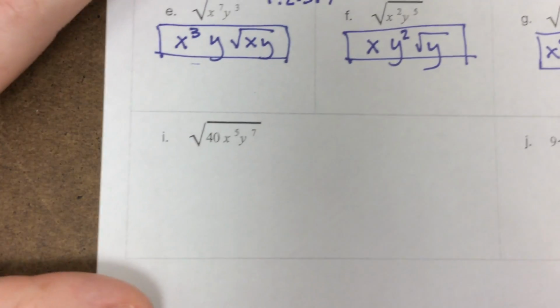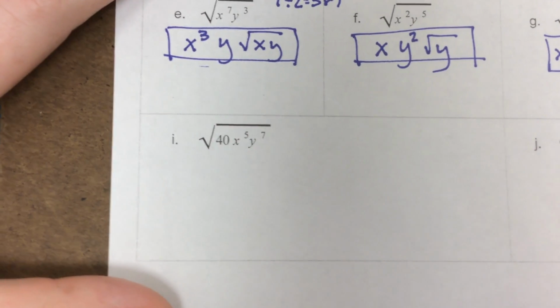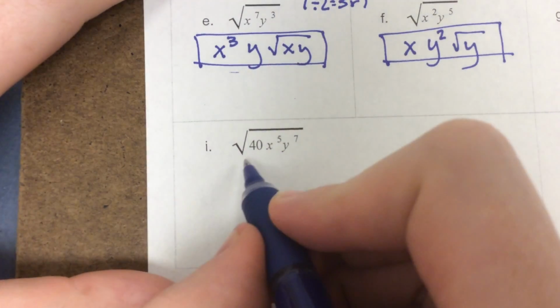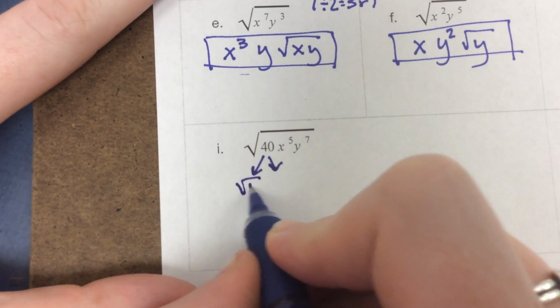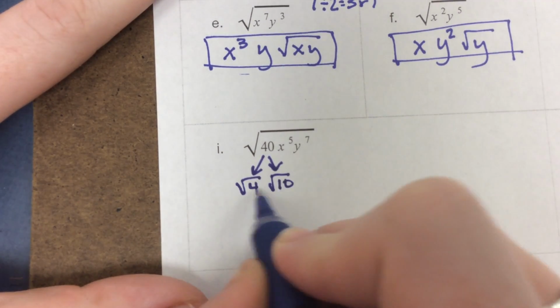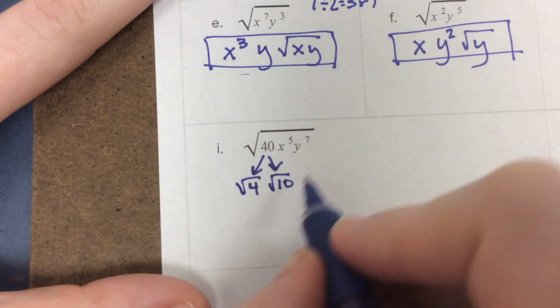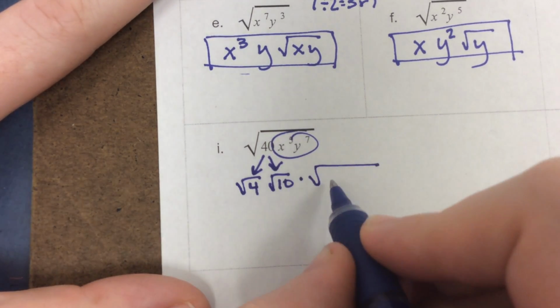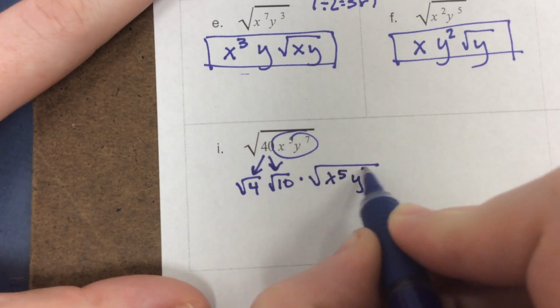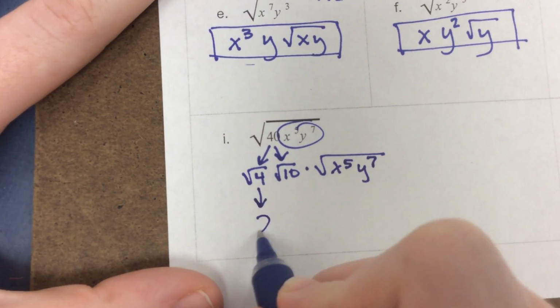Here we go. When I'm doing square root of numbers and variables, I break apart the number into the 2 factors, one of which hoping I can take the square root of. 4 times 10 is 40. I can take the square root of 4. And I'm going to write my variables, the square root of x to the 5th, y to the 7th. Square root of 4 is 2.